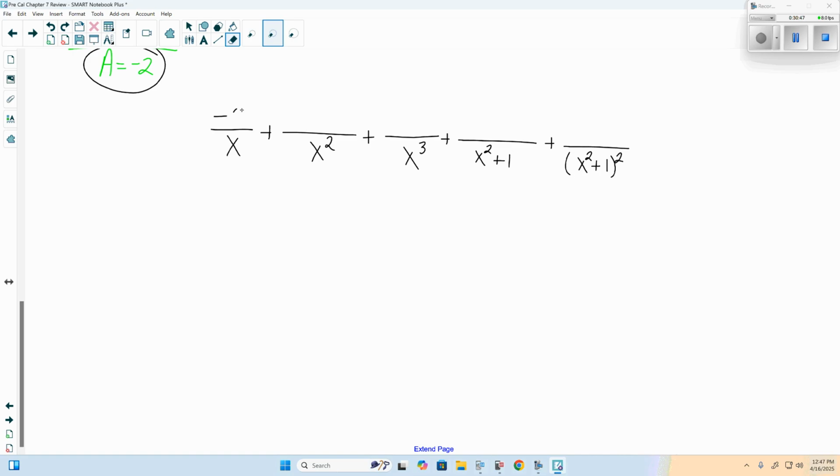So we had A, and then B, C, Dx plus E, but since E is -1, it'd be -1, and then Fx, so 1x plus G, minus 1.